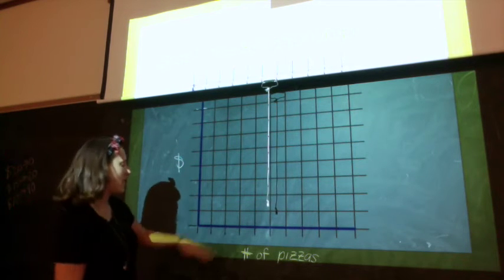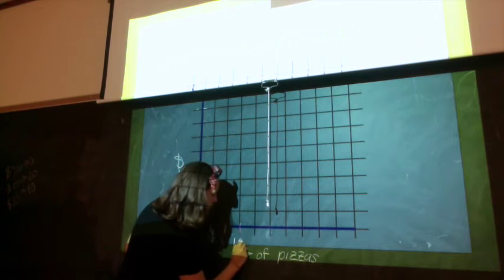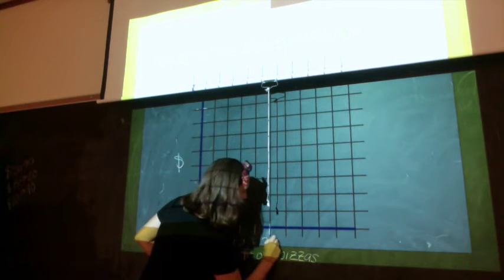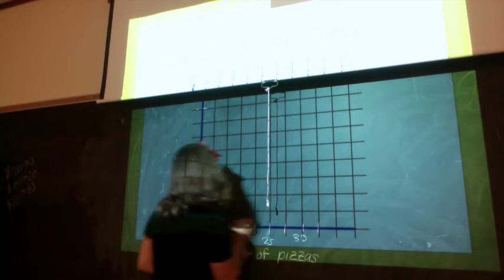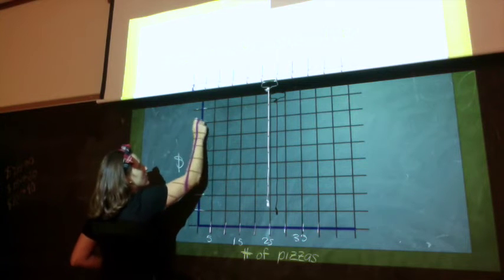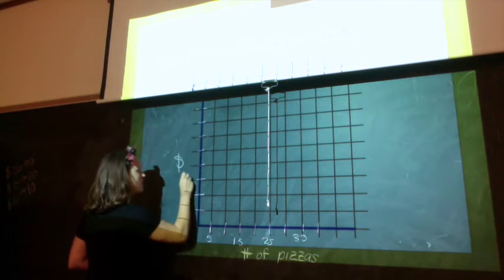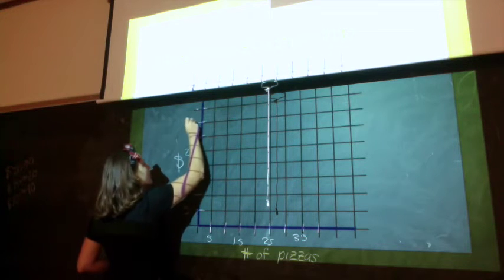And I'm going to go by fives. So 5, 10, 15, 20, 25, 30, 35, 40. And I'll do the same thing on the y-axis. 5, 10, 15, 20, 25, 30, 35.